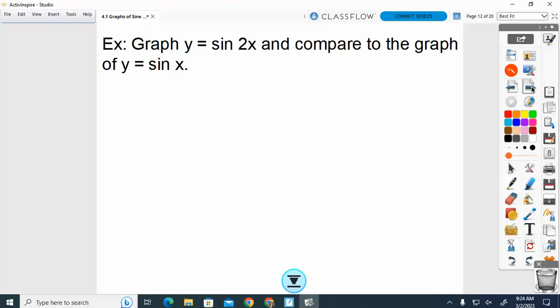Say y equals sine 2x. And I want to compare that to regular sine. So regular sine, I'm going to go ahead and draw as a dashed line here. We know it has a height of 1 and negative 1.